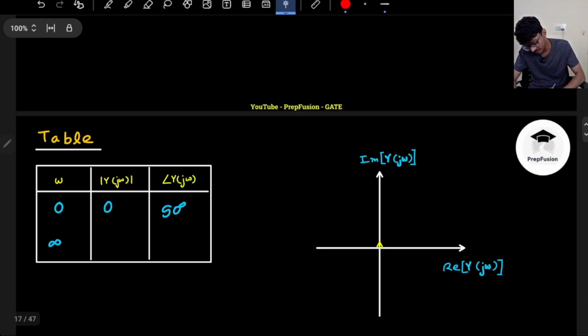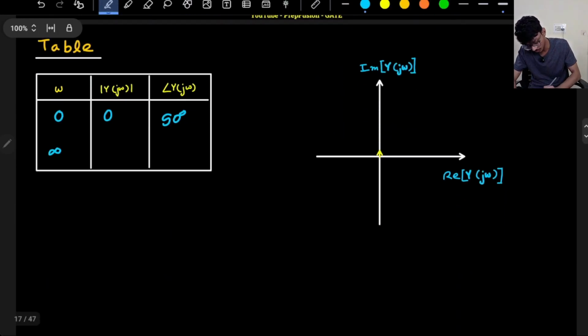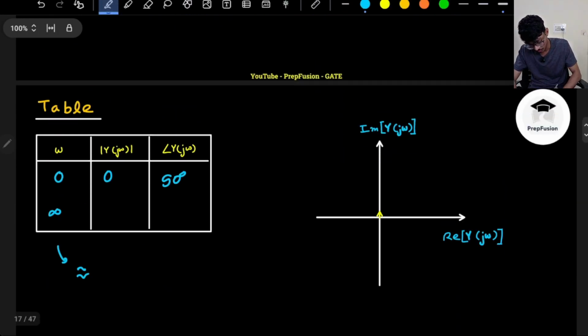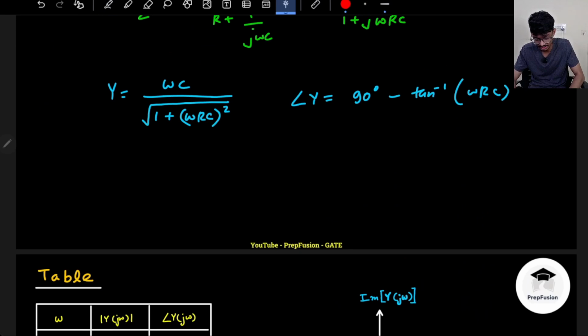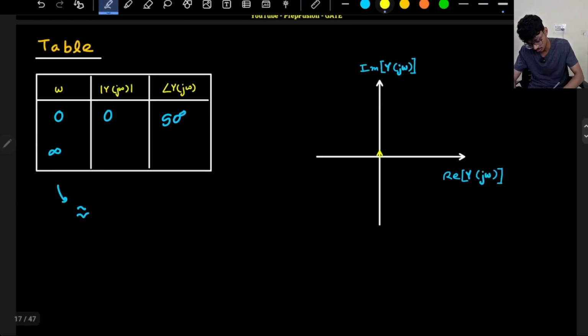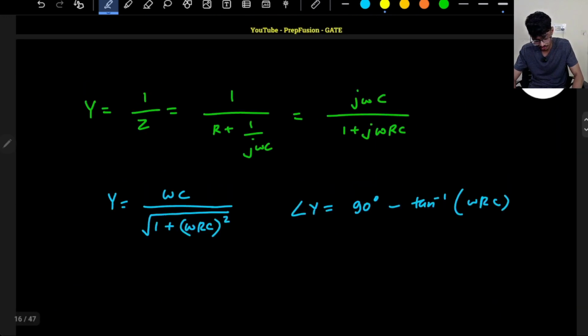What about omega equal to infinity? Again, you will do a few approximations. For omega equal to infinity, I can neglect the 1, so it will be the square root of (omega RC) whole squared. So it will be omega C divided by omega RC, which is 1 by R. Is this intuitively correct? Yes.